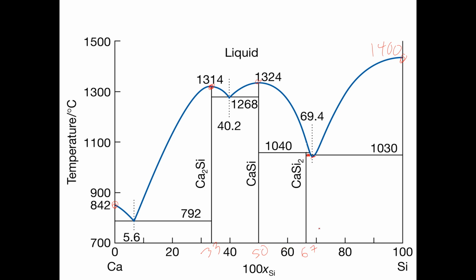So when you see lines at 67 and 50 and 33, you know it's an AB2 or an A2B or an AB. Wake up and catch that, because that's going to be one of those classic questions. When you see a chart like this and you see a vertical line at 67%, you know what the composition of that is. It's AB2 or A2B. And you just figure out what's being plotted on the x-axis and you can come up with that composition.